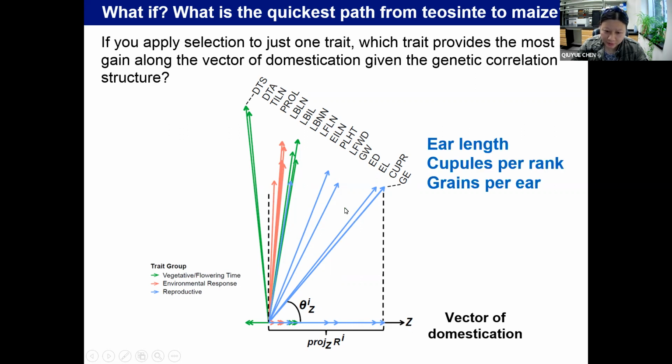And by doing this, we found that grains per year, cupules per rank, or year length provided the most gain along the vector of domestication, while the flowering time provided the least evolution gain along the domestication trajectory.